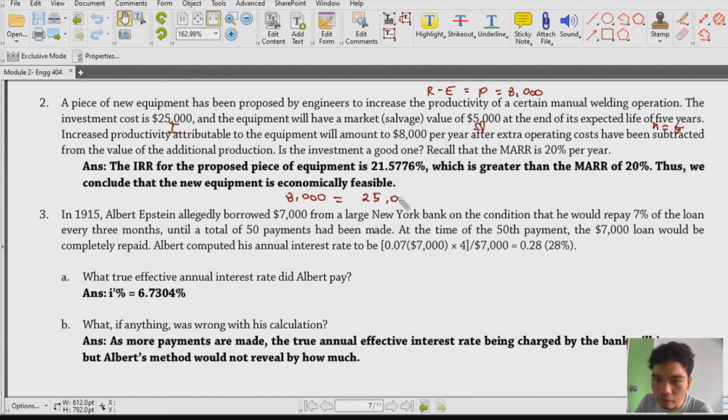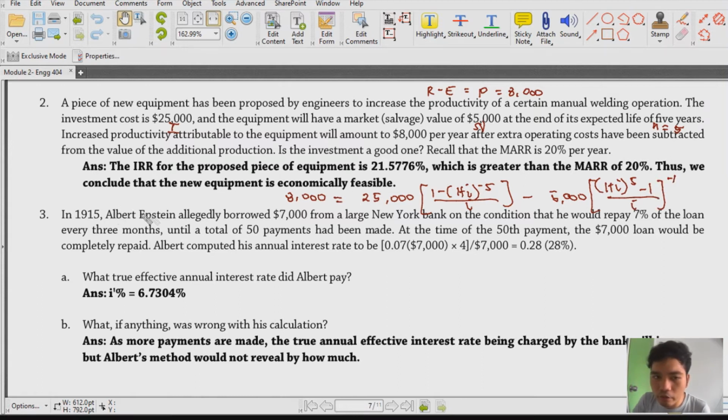That's 25,000 multiplied by 1 minus 1 plus I raised to, since we have 5, negative 5 over I, and then we subtract our, sorry, not 8,000, our salvage value of 5,000, times 1 plus I raised to 5 minus 1 over I raised to negative 1.